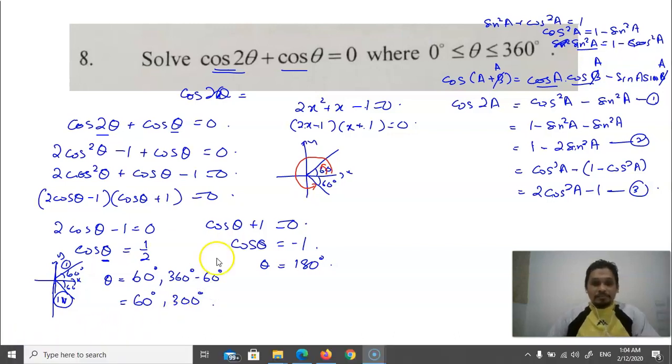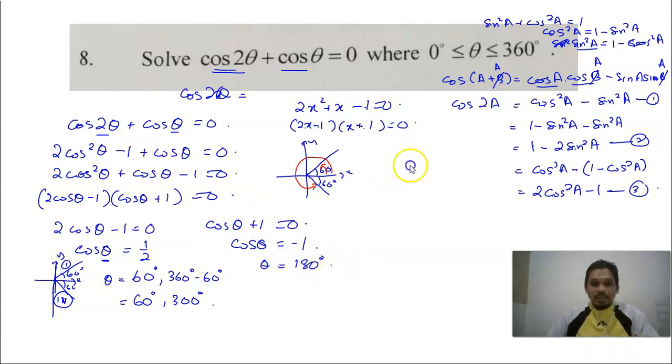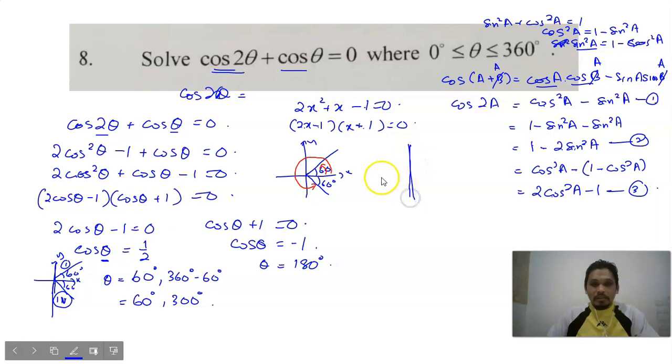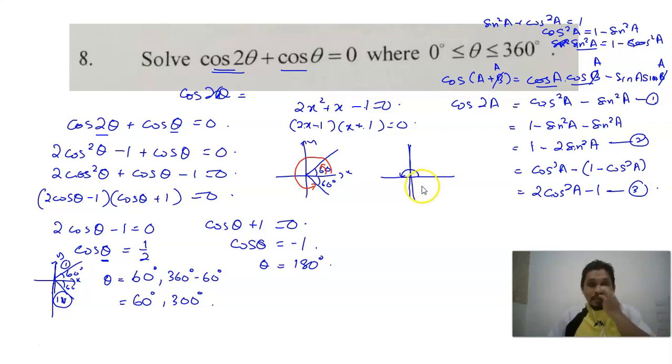And now for this one here, where is 180 degree? 180 degree is half of the full cycle of the angle. So the values of theta for this question are 60 degree, 180 degree, and 300 degree.